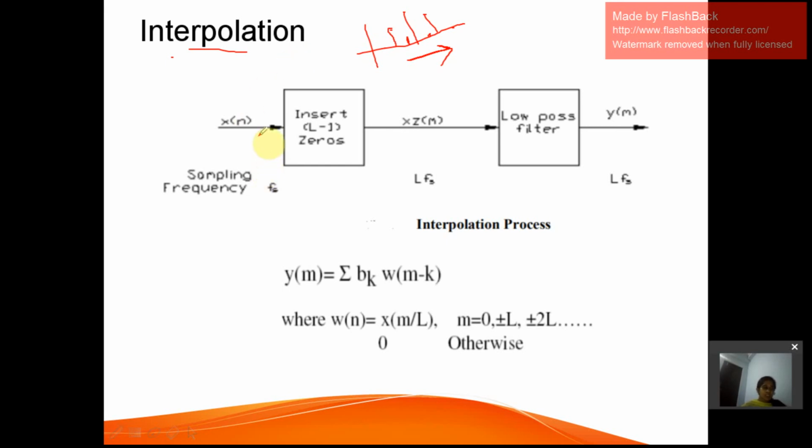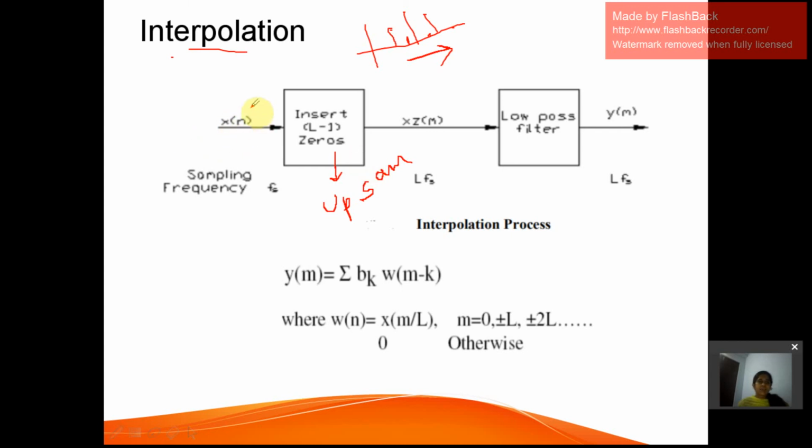Coming to this block diagram, this is insertion of L minus 1 zeros, or simply we can call it an upsampler. It is an upsampler. Earlier, as we needed to decrease the sampling rate, we used a downsampler in decimation. As we need to increase the sampling rate, we go with upsampling.